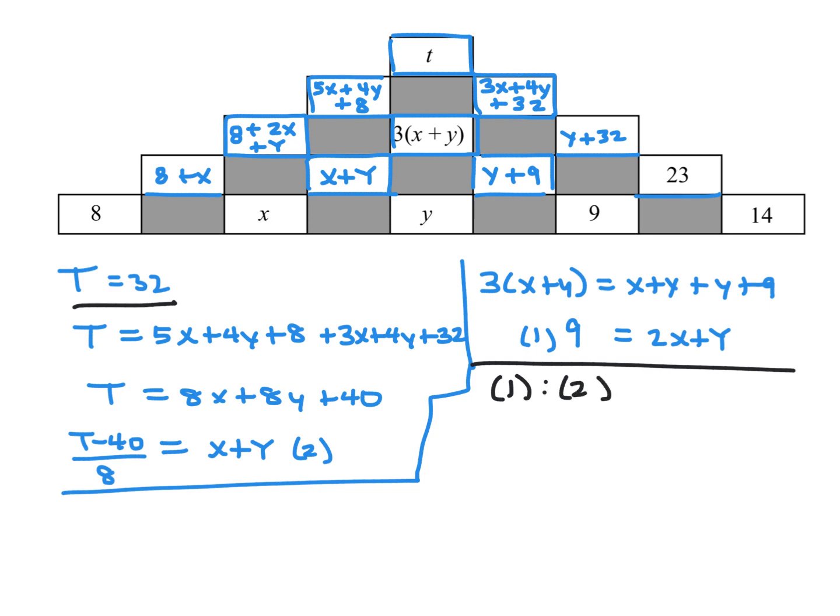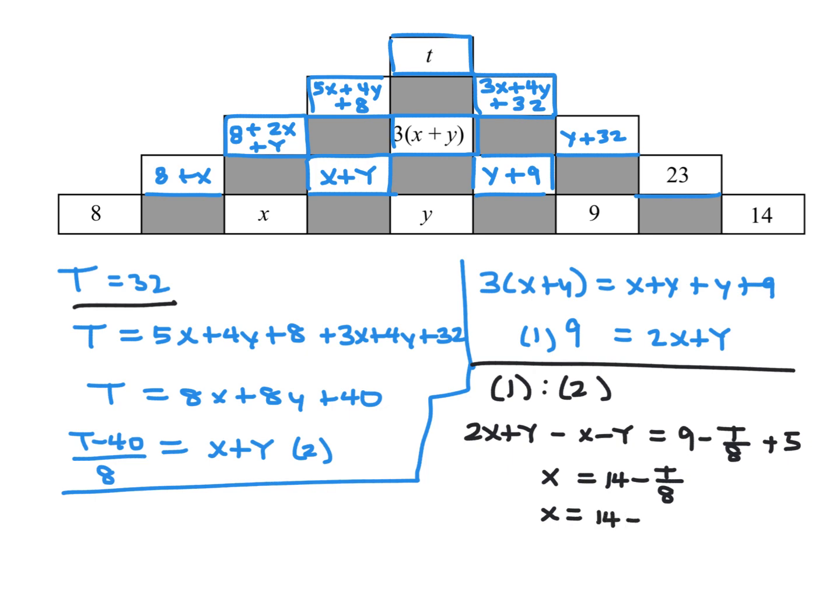We're going to have 2x plus y minus x minus y, and on the other side it'll be 9 minus t over 8 minus 5, or plus 5, sorry. And then when you simplify this, the y's disappear, and that just gives you 14 minus t over 8. And therefore x would be, since t is 32, 14 minus 32 over 8 is 4, so x is 10.